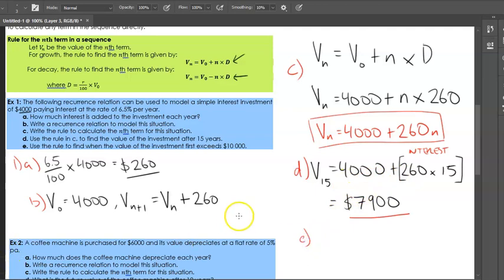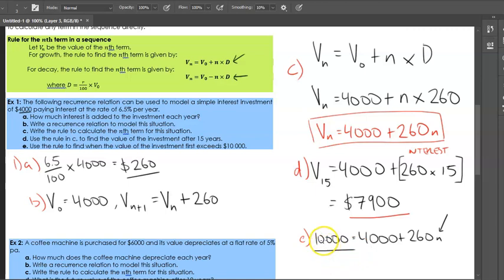Question E, use the rule to find when the value of the investment first exceeds $10,000. So in other words, when we hit $10,000, we need to find what value of n we need to plug in to get $10,000. Now there are numerous ways.